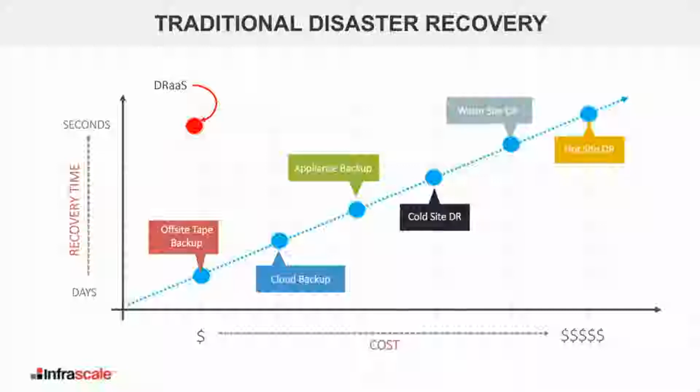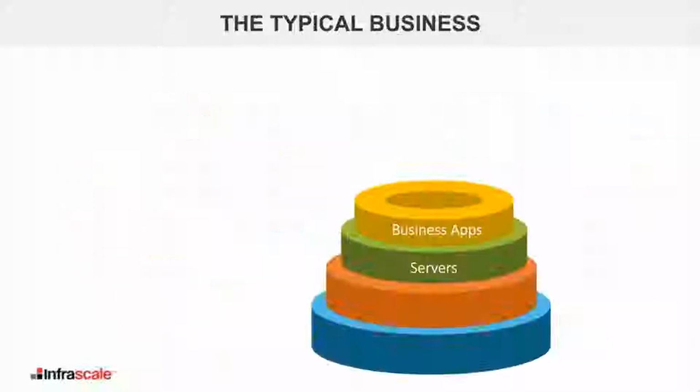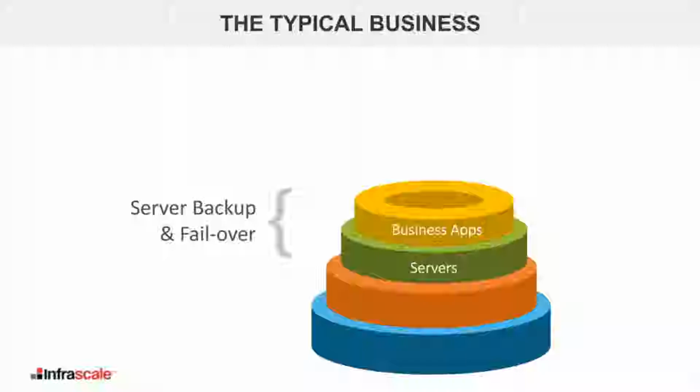So if we take a look at the typical business, we see that what we're looking at here is business critical applications and servers. And those critical systems generally are going to be backed up with a proper DRaaS solution so that you have the ability to fail over. So generally speaking, those mission critical applications are protected in a typical business.